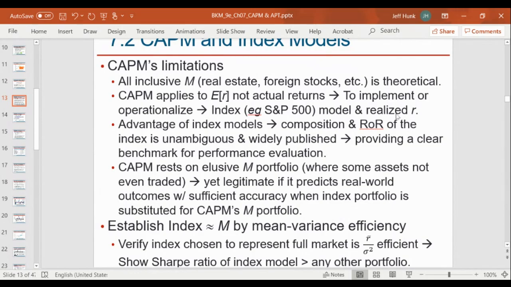Think about it, it's always in flux, right? It's not always the same number of assets in the broad concept of the market, because some companies fail, some companies fall out of that market.